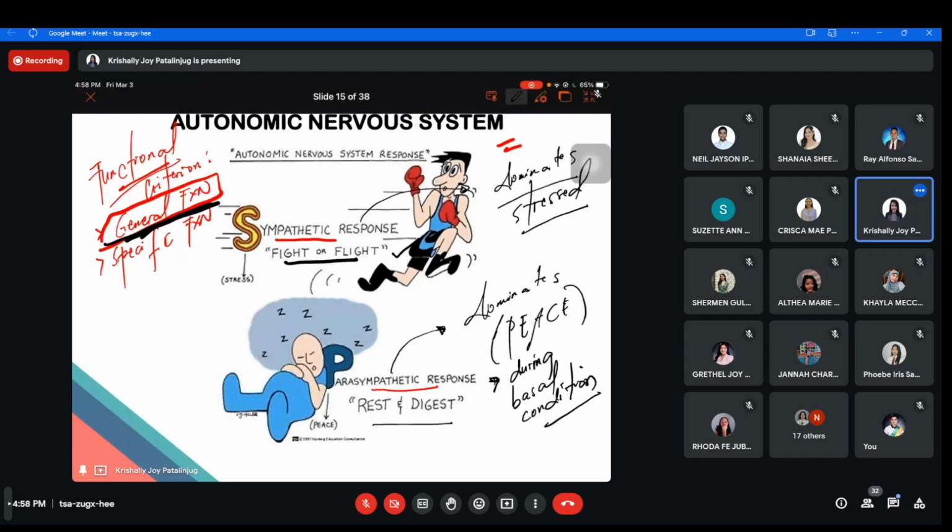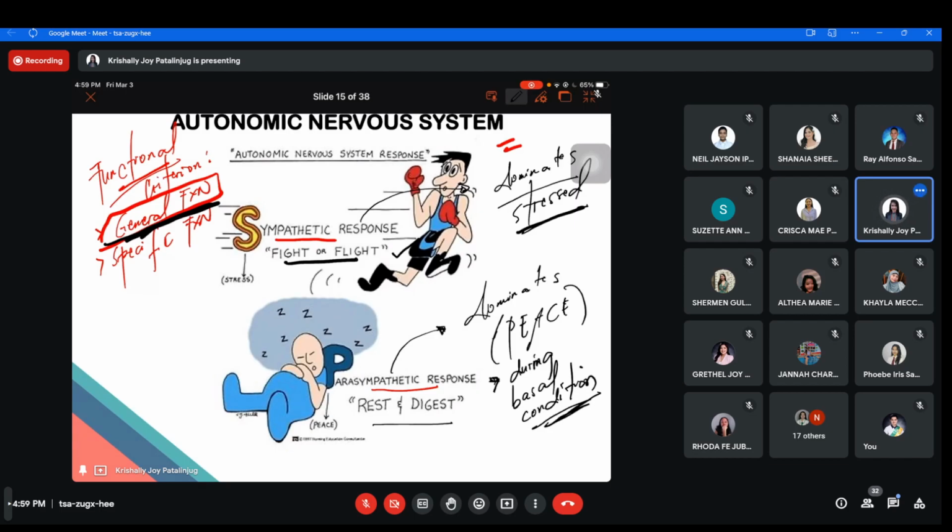Kasi sabi dito, during stressful situation, sympathetic effects yun. During basal condition, yun naman yung parasympathetic. Now, although they sounded opposite with each other, please take note that they do not necessarily cancel each other's effects. Hindi po sila literal na nagka-cancel out with each other.